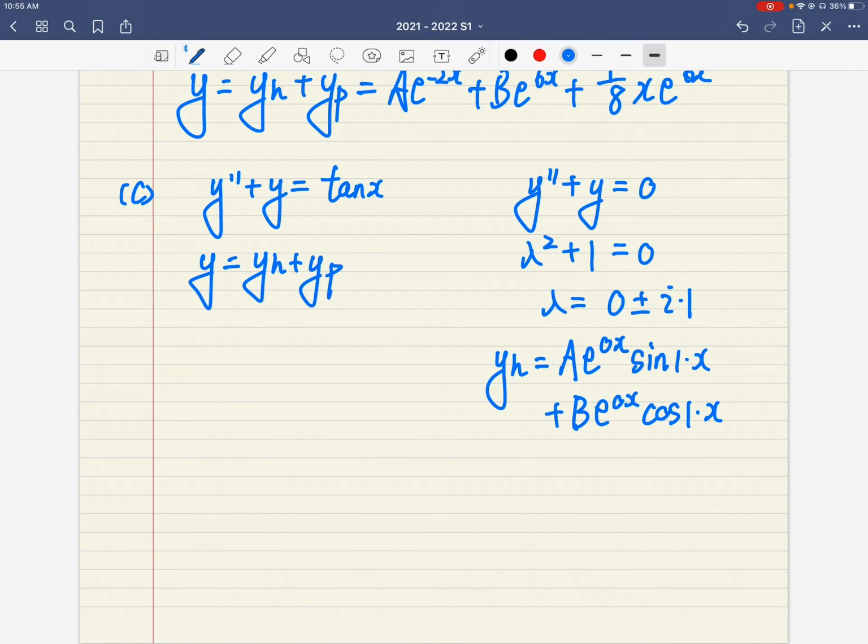So simplify it, right? e to the power of 0x is just 1, so it's just a sine x plus b cosine x. Okay, this is yh.